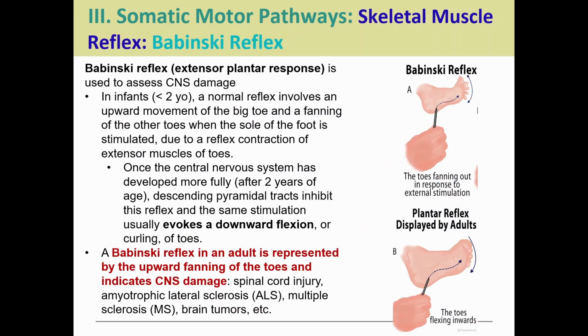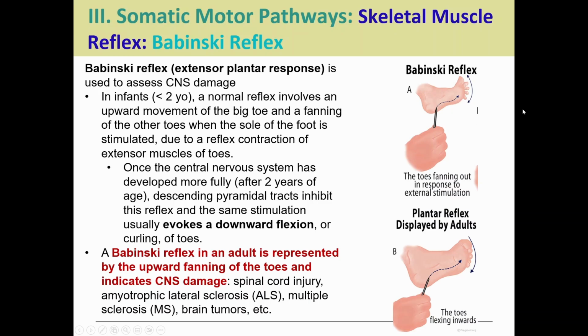We also talked about the Babinski reflex before. Very briefly, in a baby, if we trace something along the bottom of their foot, they will fan their toes up and out. Whereas in an adult, it changes from the Babinski reflex to the plantar reflex, where the toes curl inward. If we see an adult demonstrating the Babinski reflex, that means there's probably some sort of damage.